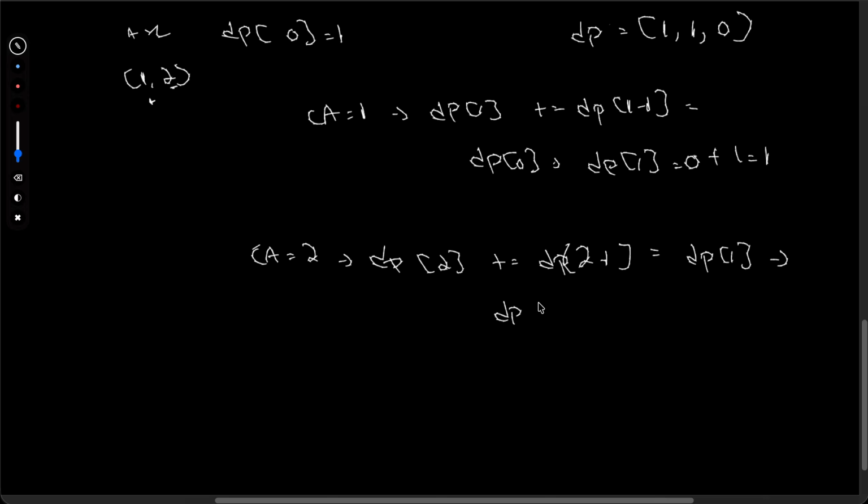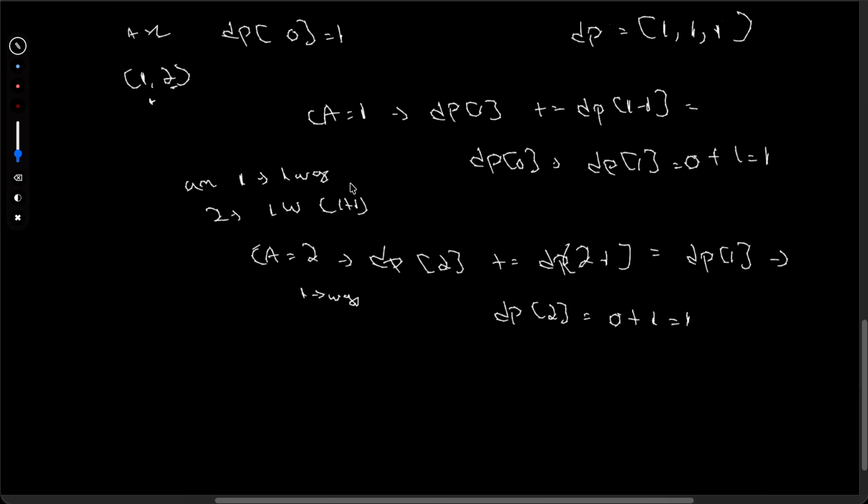So dp of 2 is 0 plus 1, it is 1. So dp is 1 1 1. Using coin 1, amount 1 is 1 way, amount 2 is 1 way, 1 plus 1.